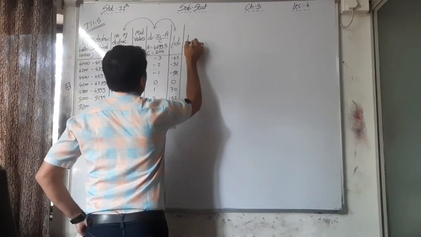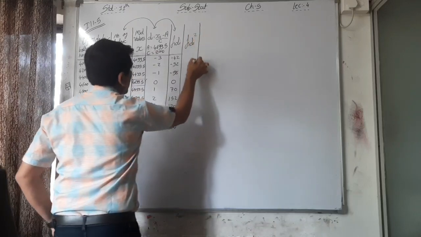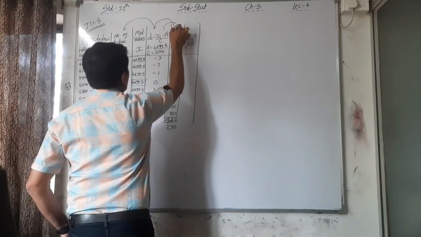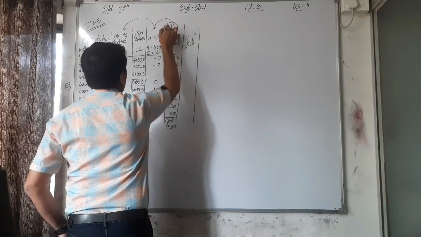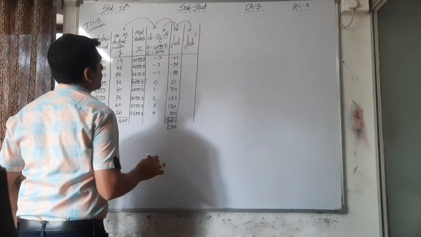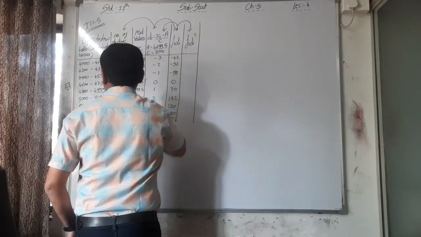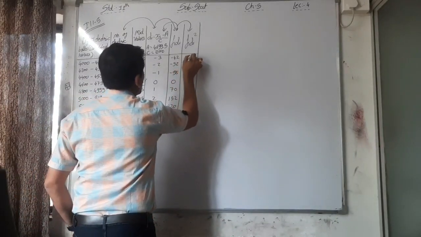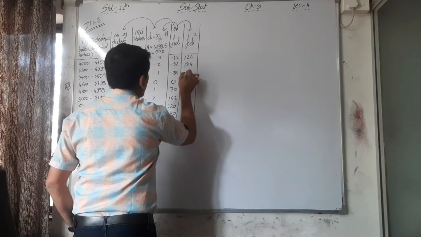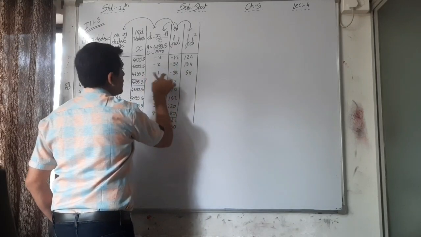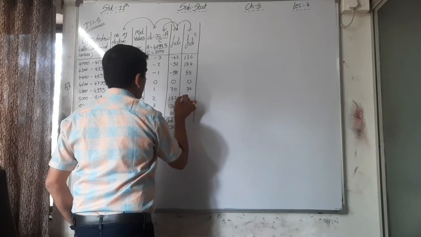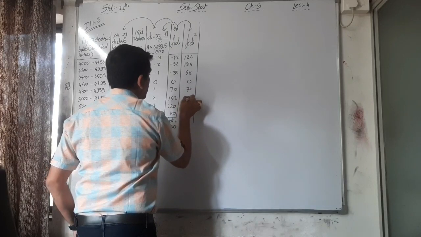Now fidi square for standard deviation. So multiplication of these two. Here we have to write down: this into this, minus minus plus, 126, 184, 58, minus minus plus. So all the values are positive, then 0, then 70, then 304.